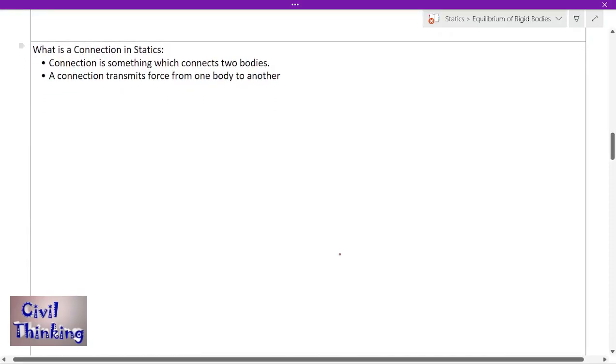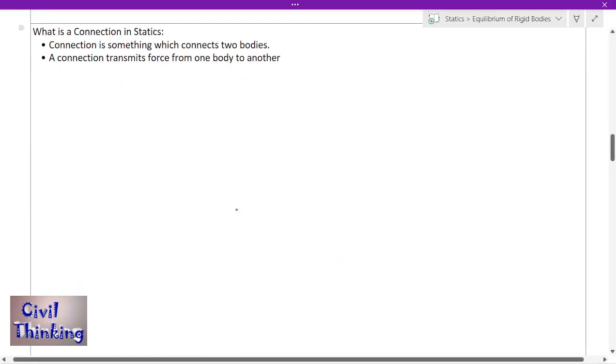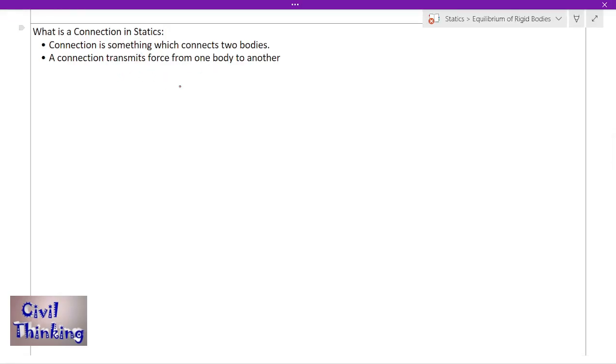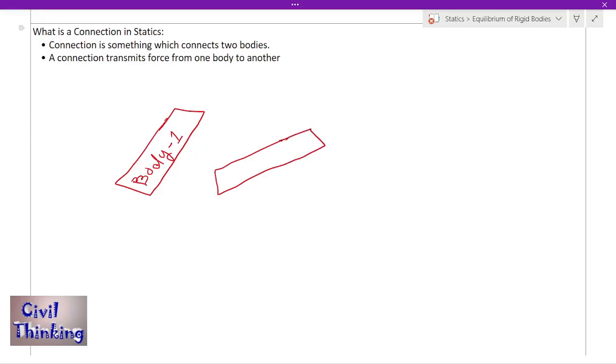Now let us talk about connection. What is a connection in statics? A connection is something which connects two bodies. Let us say we have a body here, this is body one, and another body here, this is body 2.